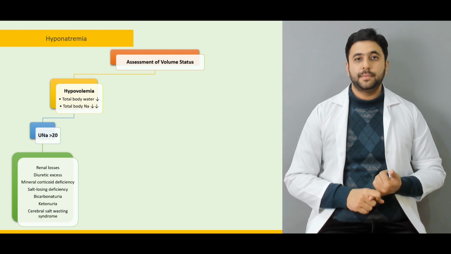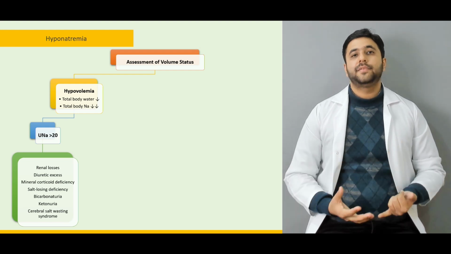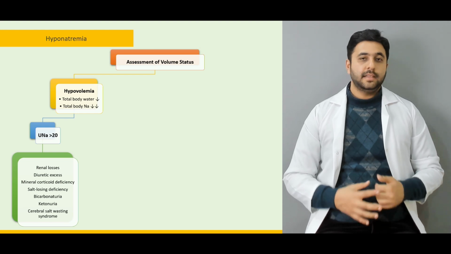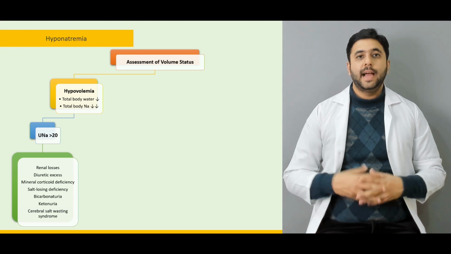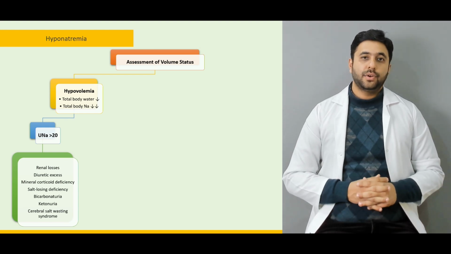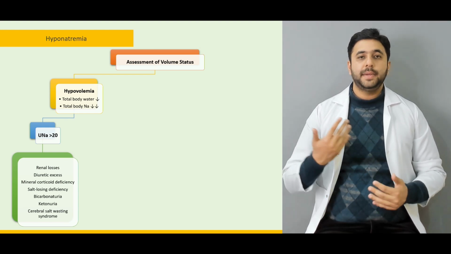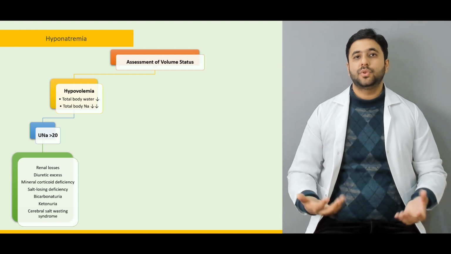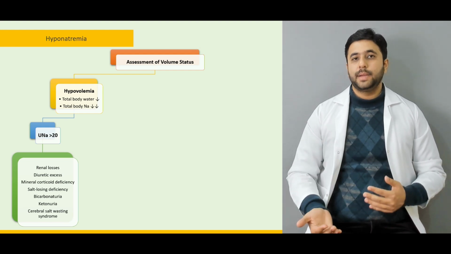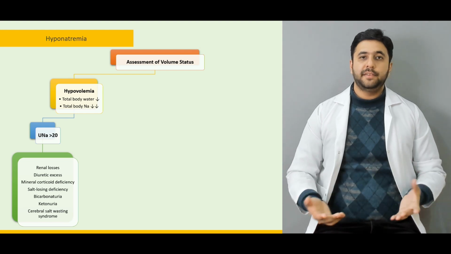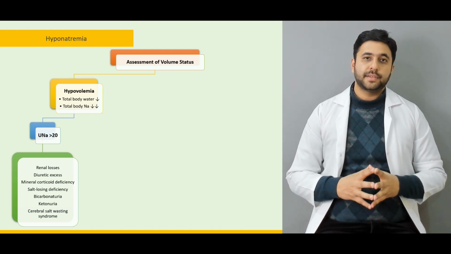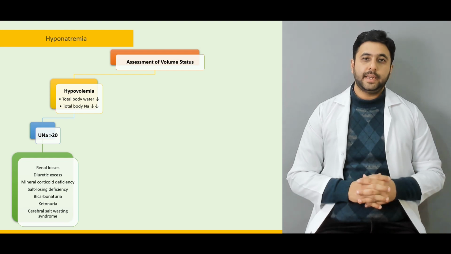the urinary sodium concentration. If the kidneys are working fine, then the kidneys will be able to conserve the water because of decreased volume, and the renin-angiotensin and aldosterone system will be activated, and the kidneys will be able to conserve the sodium. This will lead to very little sodium loss in the urine. So if the kidneys are working fine, then the patient will have decreased urinary sodium excretion, preferably less than 20 millimoles.